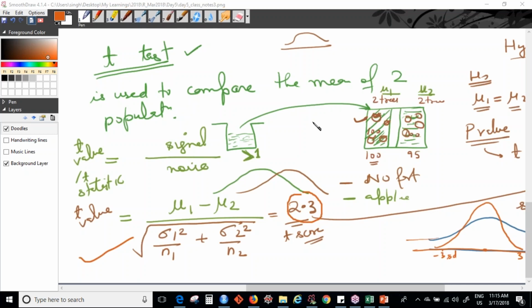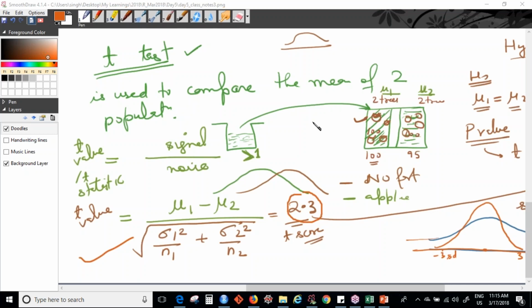To 10 of the people you give the drug that you are testing, and to the other 10 people you just give sugar pills. You don't want there to be a psychological difference. Otherwise the people who did not get the drug might feel psychologically that they did not get a drug, so they will still have a headache. So you give them sugar pills. They will think that they are having a drug, but it will actually be a sugar pill only. The other group will actually get the drug.